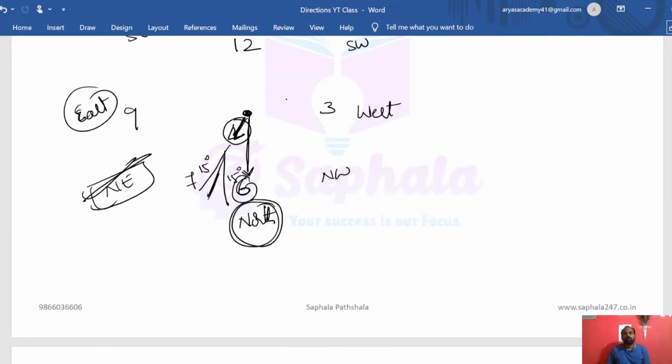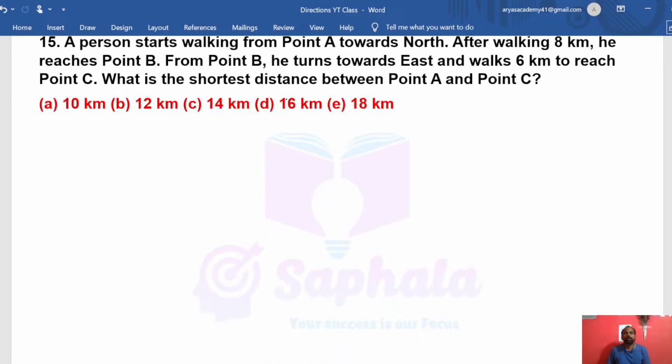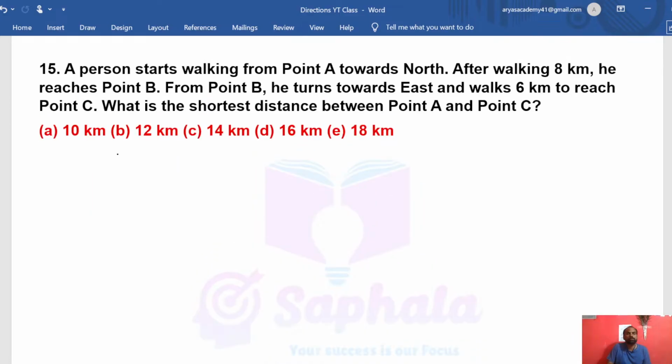Yes. Okay. And one last question of type 1. The last question is in type 1. Solve it and tell the answer. Then we can move forward. Can you please answer question number 15?